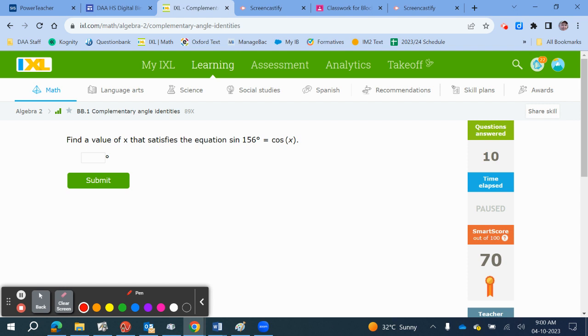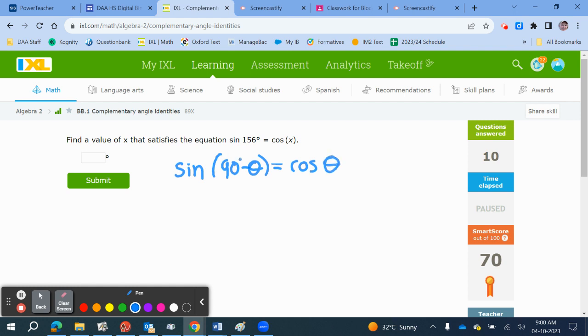Let's do it the other way around. Let's do the sine of 90 minus theta is equal to the cosine of theta.